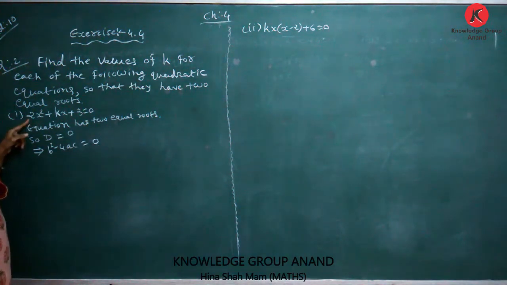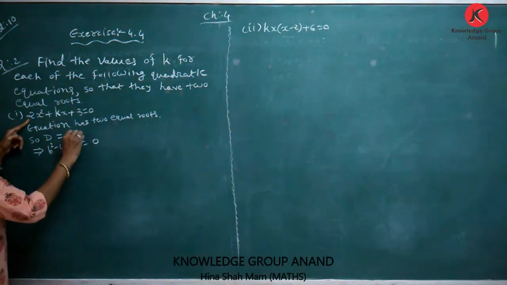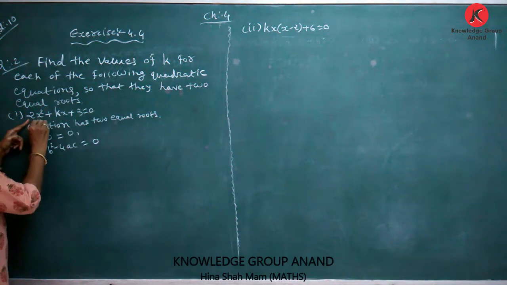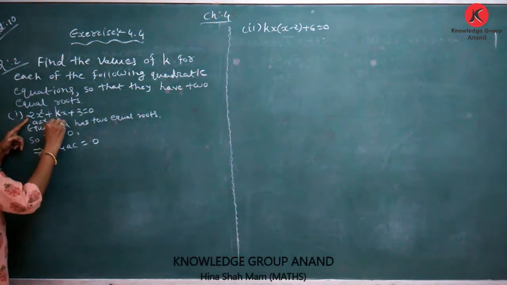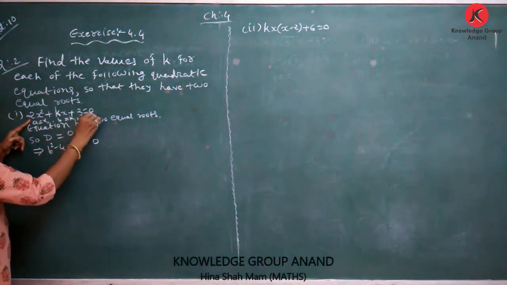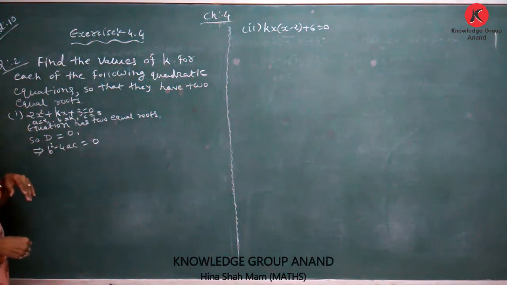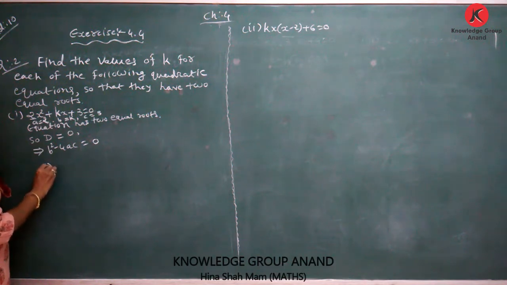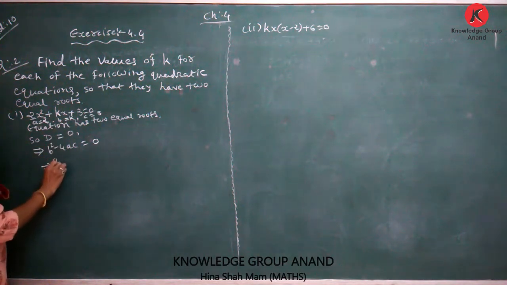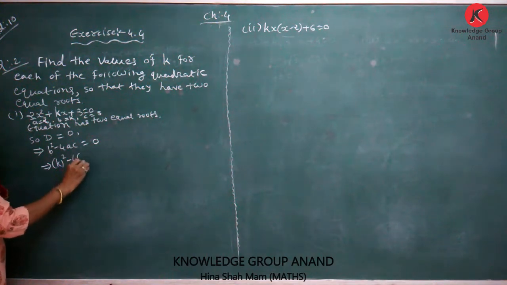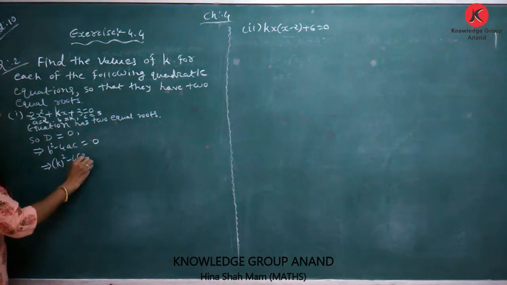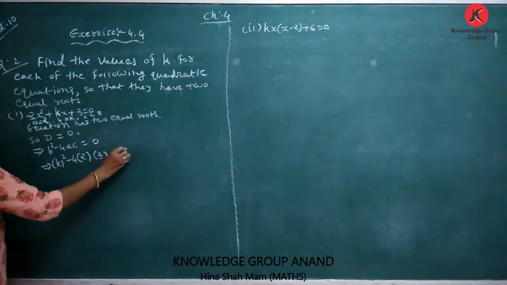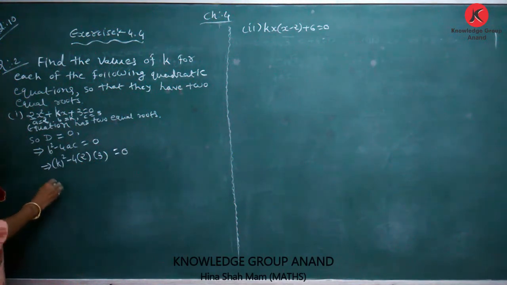Here a is equal to 2, b is equal to k, and c is equal to 3. Therefore, b square, k square, minus 4 times a, which is 2, and c, which is 3, is equal to 0.